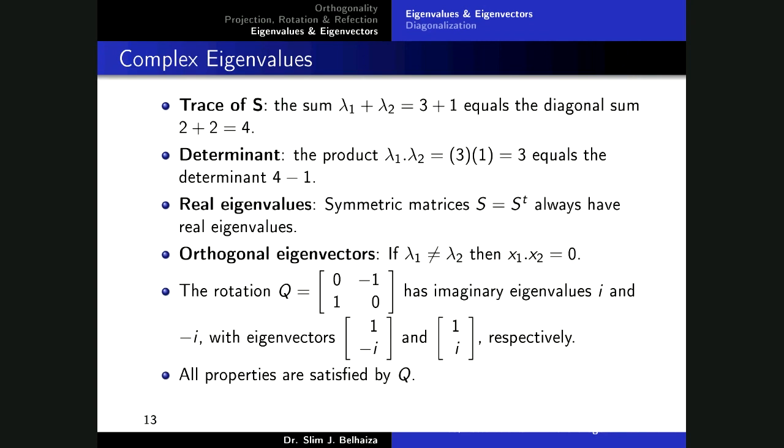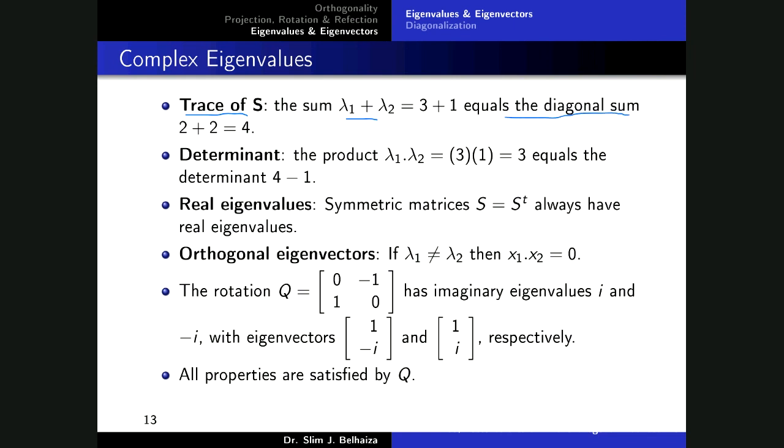For example, one can say that we have what we call the trace of a matrix S. If you sum up all the eigenvalues, we have the trace of the matrix. Here in our case, you can see that the trace is always equal to the sum of the terms in the diagonal.